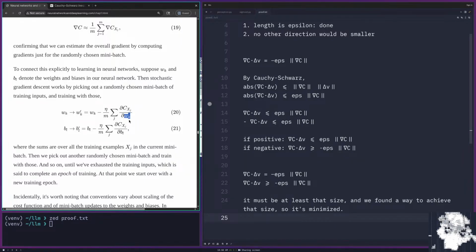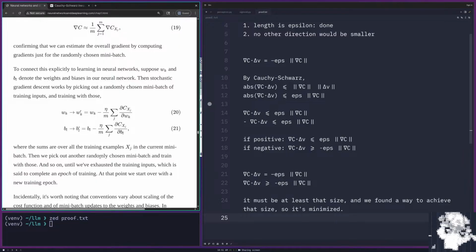This is saying, what direction should I move the weight to make the cost smaller? So you take the sum of all the directions that you should move the weight, multiplied by eta, which is how much you should move. So direction times how much you should move, over m, because we're taking an average over m samples. Same for bias, where the sums are over all the training examples Xj in the current mini-batch.